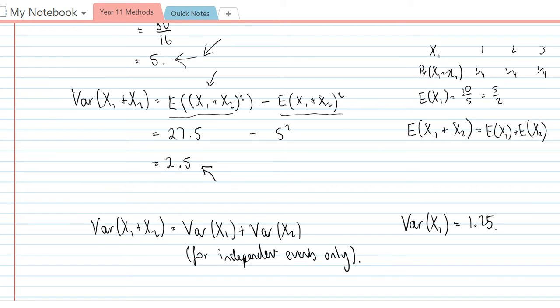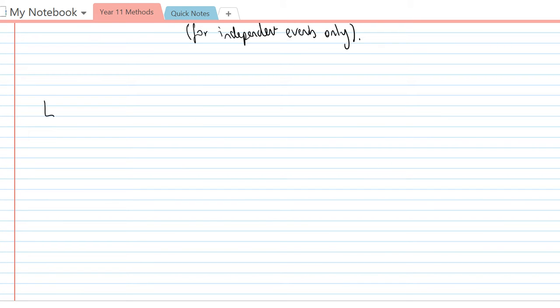So finally, what we can do is we can combine these two rules. So if we want to do the expected value of some random variable x, which is being multiplied by a constant a, and then plus another random variable which is also being multiplied by a constant, then we can separate that into E of ax plus E of by, which then can be separated further using the rule that we looked at at the beginning.